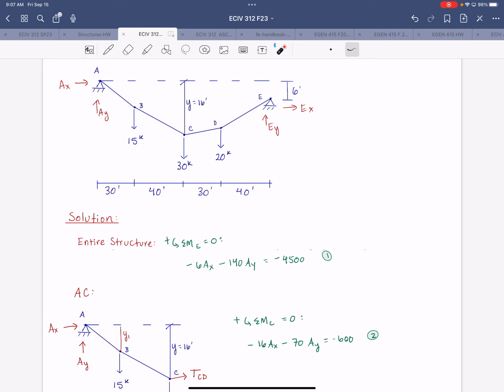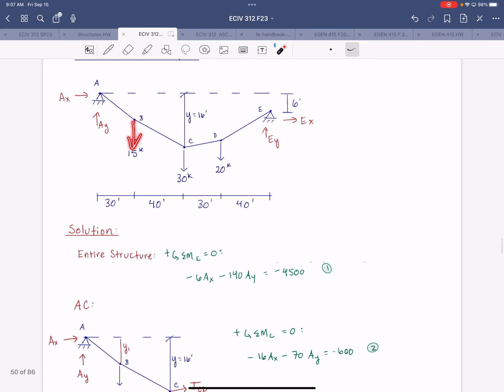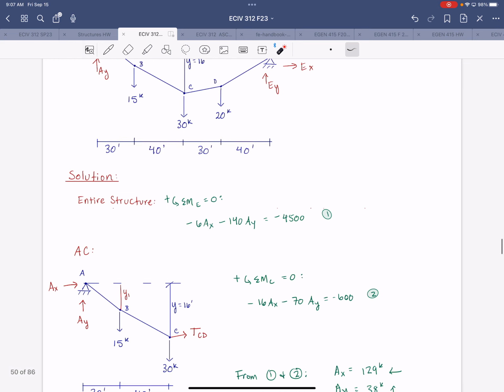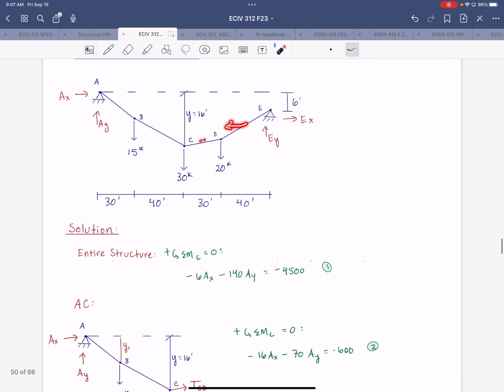And that checks out because we only have vertical loads applied to this cable. Remember, if you only have vertical loads applied to the cable, the horizontal component of all the cable tensions will be the same. So in each of these segments, the horizontal component is going to be 129 kips.